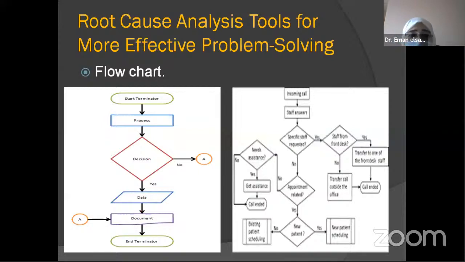After making the fishbone, we make a flow chart. What is the flow chart? You see here two pictures, the right one and the left one. The left one is the high level. What is the meaning of high level? This does not mean high level in talking.